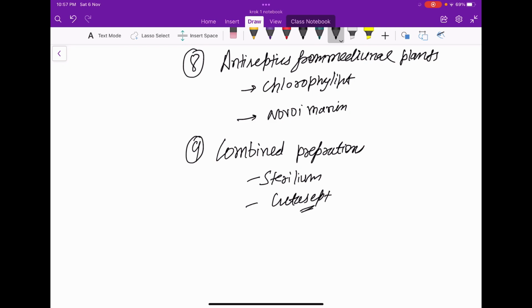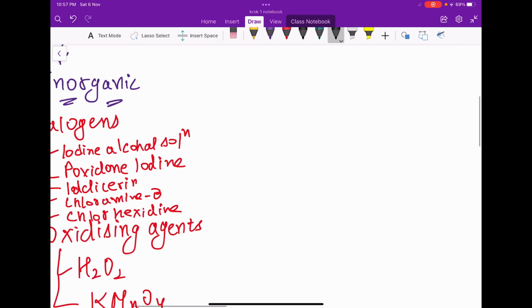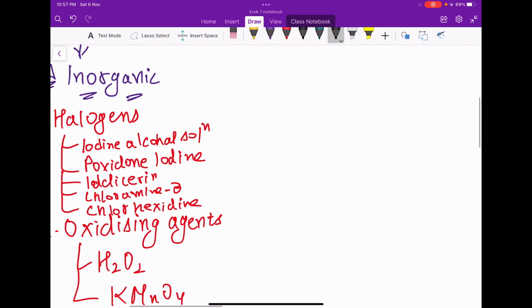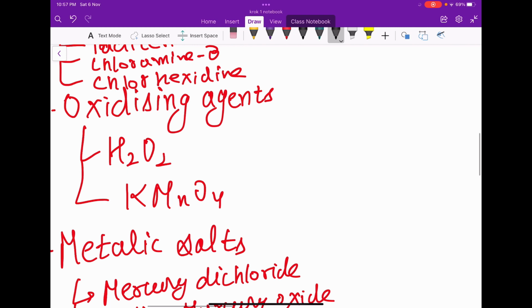Okay guys, now let's start talking about our first halogen. Or let's first talk about the oxidizing agents according to the book. So guys, the first and foremost is our hydrogen peroxide. What we should know about this: first of all, it is based on the release of oxygen atoms.